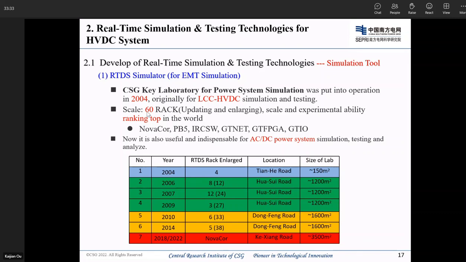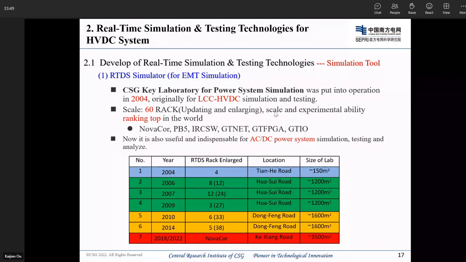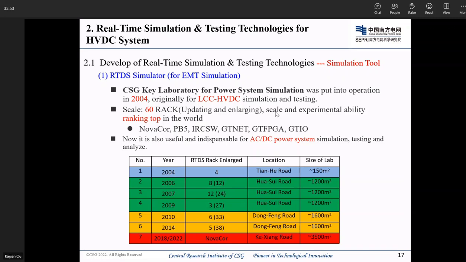But now we have a large number of RTDS racks, more than 60, and we are still updating and enlarging them. The scale and capability rank at the top in the world, so it is very famous.